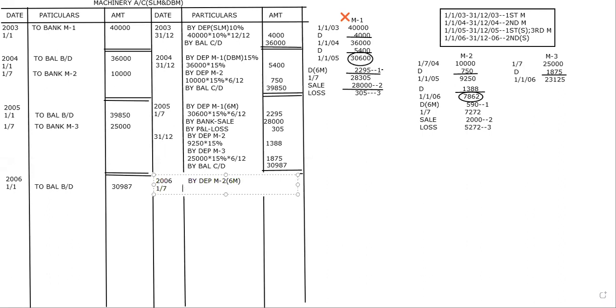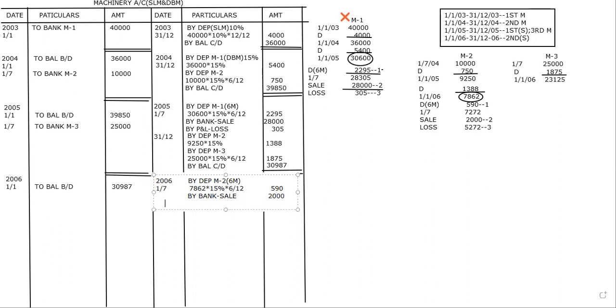The written down value was 7,862. I multiplied it by 15%, multiplied by 6 divided by 12, and I got the answer of 590. And then I sold it, the buyback sale, only for 2,000.